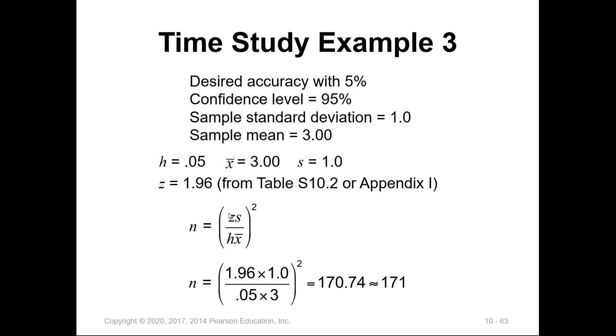So using the formula and substituting with those numbers, then n will be around 171 observations.